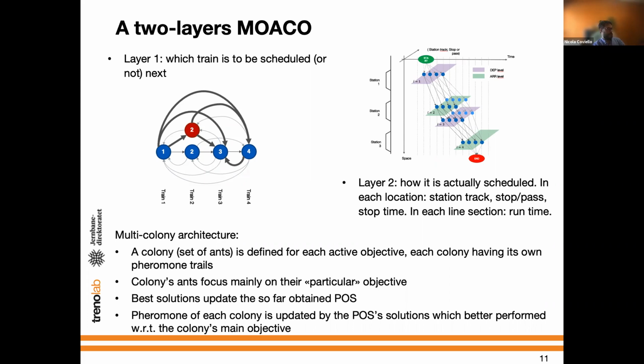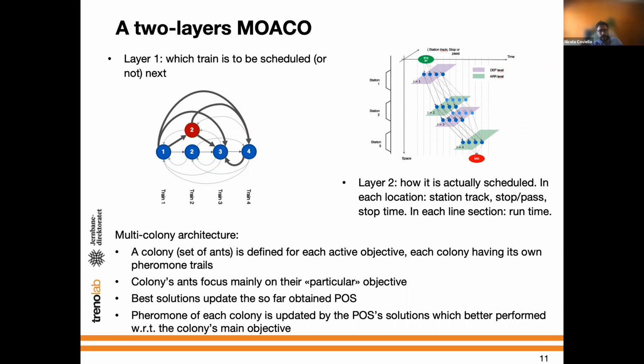So we implemented a two-layer architecture for our ACO. These two layers exploit two different construction graphs and implement a multi-colony architecture in order to perform a multi-objective optimization.